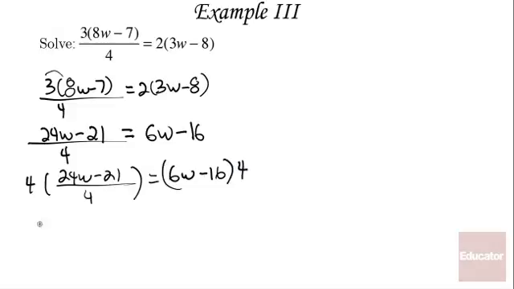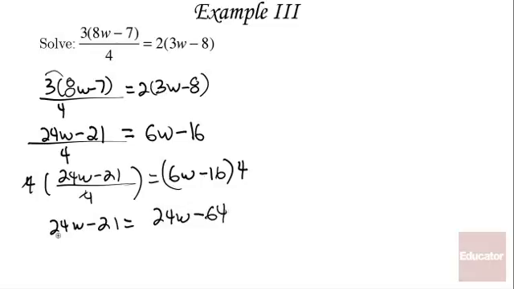Okay. The 4s cancel out. So now I have 24w minus 21 equals (6w minus 16) times 4. Using the distributive property, I can simplify this term. So 6w times 4 is 24w, minus 16 times 4 is negative 64.